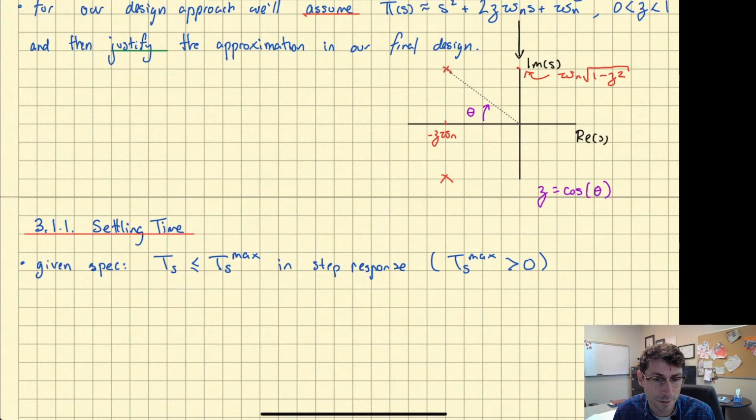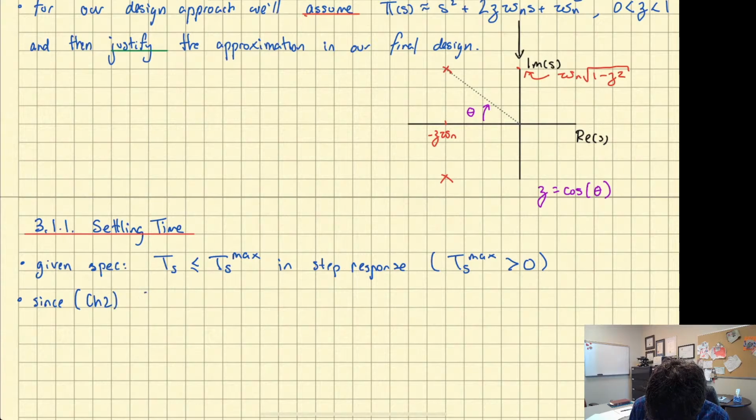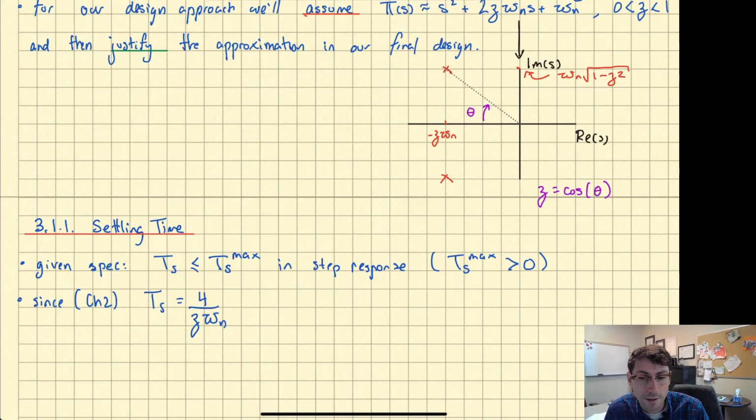And of course, it's a reasonable spec. The settling time is greater than 0. Now, from chapter 2, we derived that the settling time is 4 over the negative real part, in other words, the absolute value of the real part of the poles.